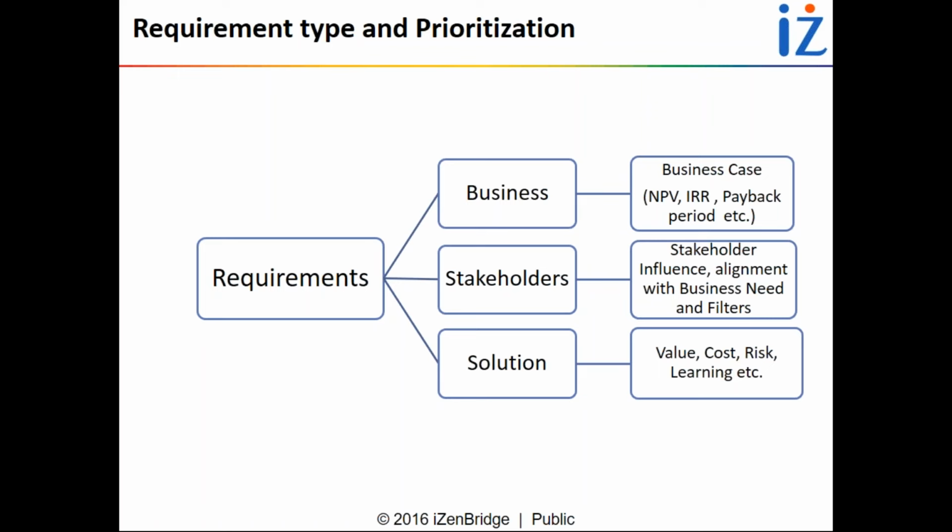So ultimately your business need is to increase the sale. But if the method you are using is not aligned with your business requirements, it is not a good criterion to prioritize your stakeholder requirements.